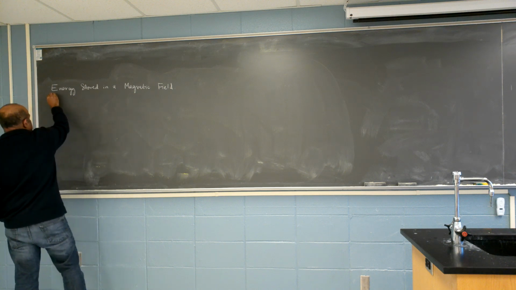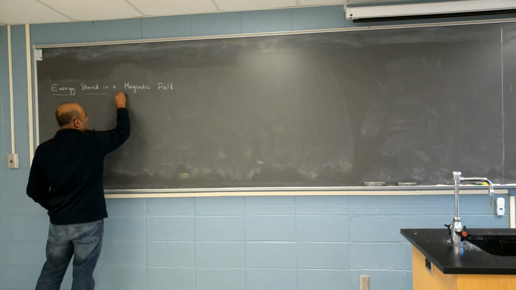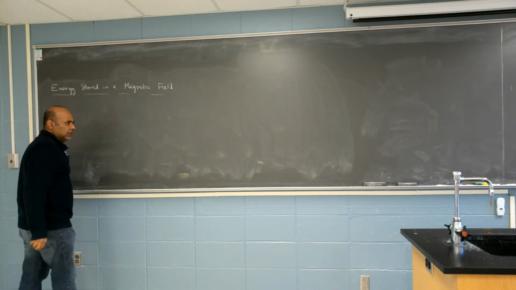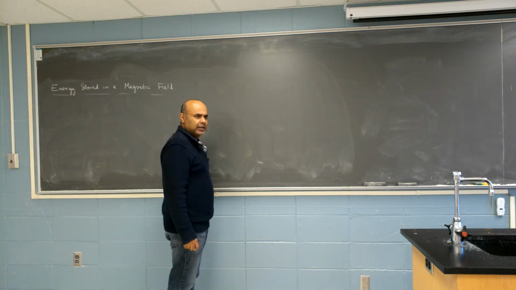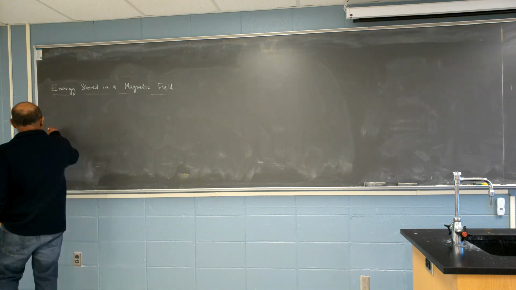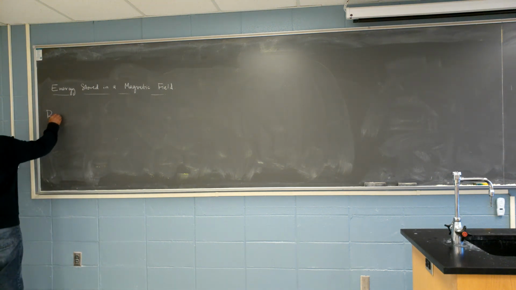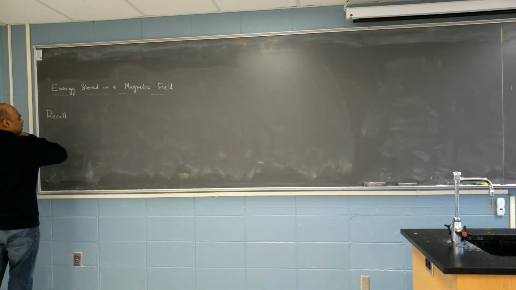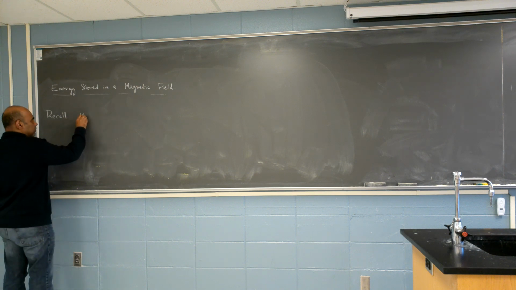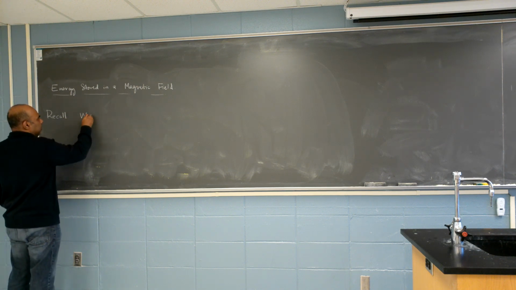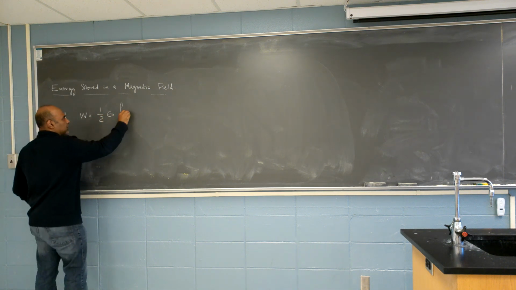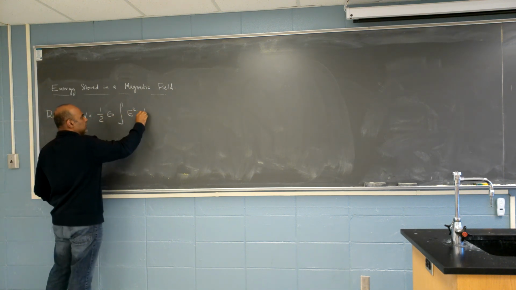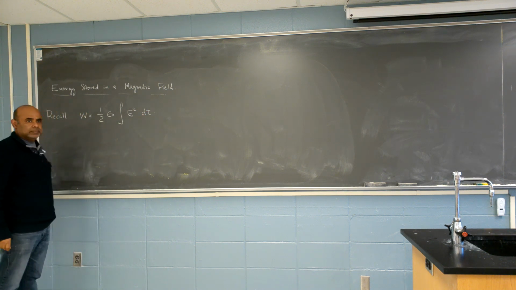We have seen something before. What is the energy stored in an electric field? So energy density, I think we used U, right? Or did we? It was 1/2 epsilon naught E squared d tau, okay?